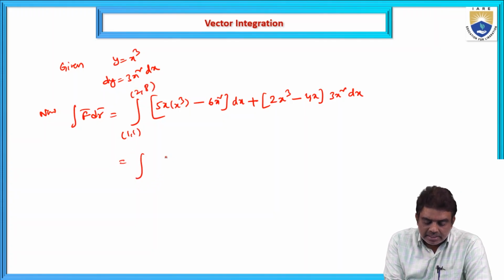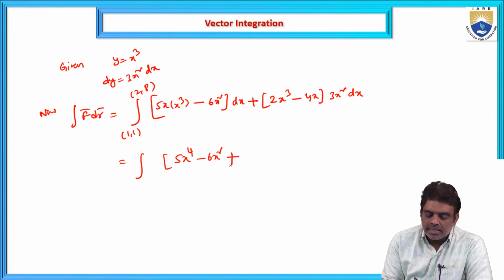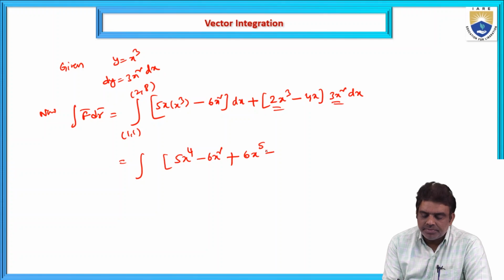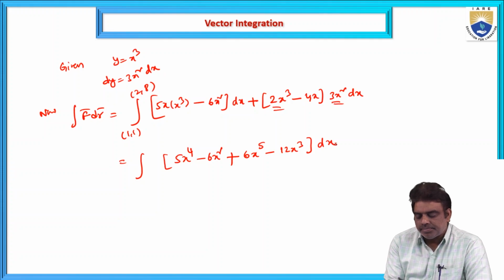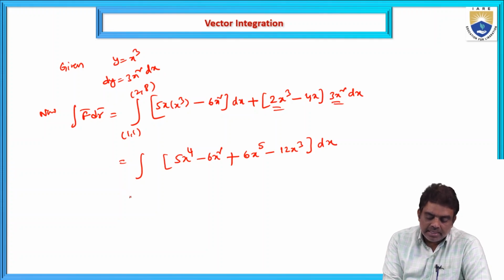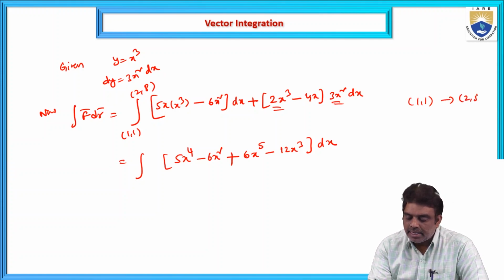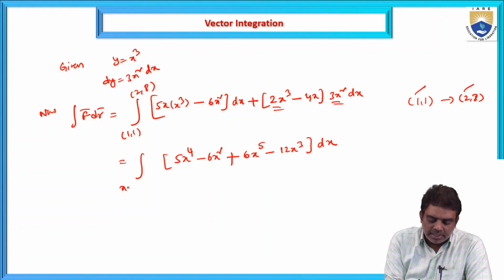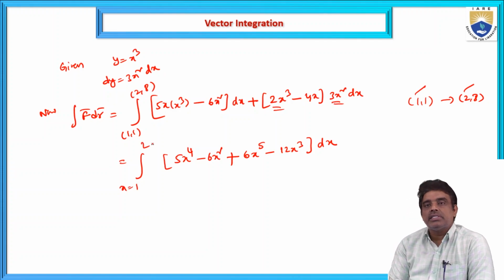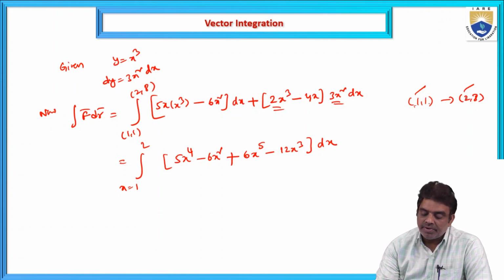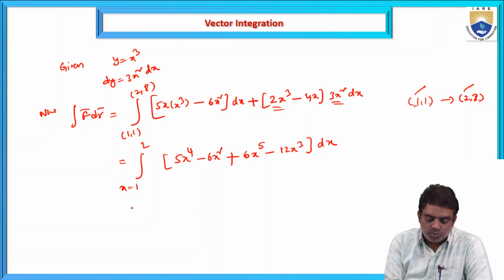So this is (5x power 4 minus 6x square) plus (2x cube into 3x square, 6x power 5, minus 4 threes are 12x cube) dx. And here the x limits: if you consider the x limit, this is 1 to 2, because all the functions are changed into terms of x. So the limit is also considered from x1 to x2, that is 1 to 2.